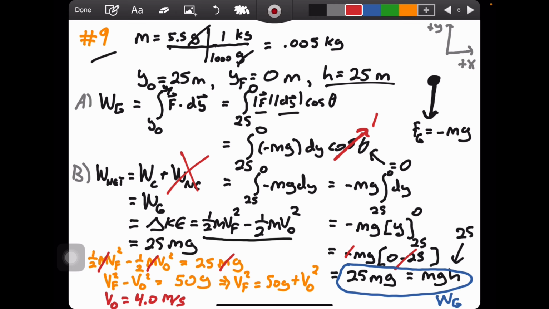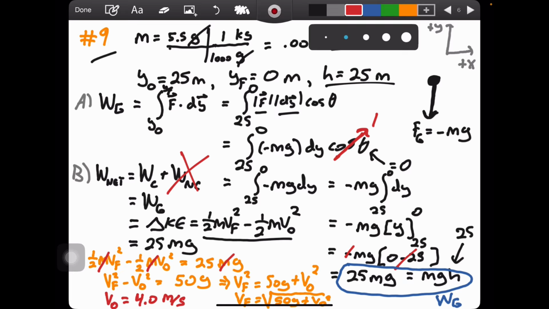But since I have a v final squared, I can square root both sides such that v final is equal to the square root of 50g plus v initial squared. g is 9.8.